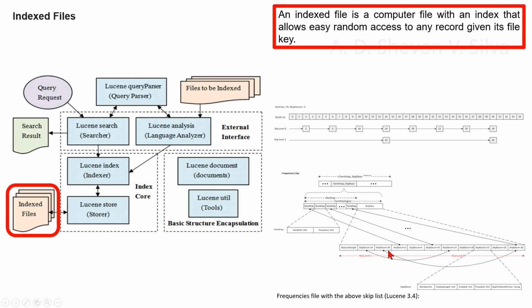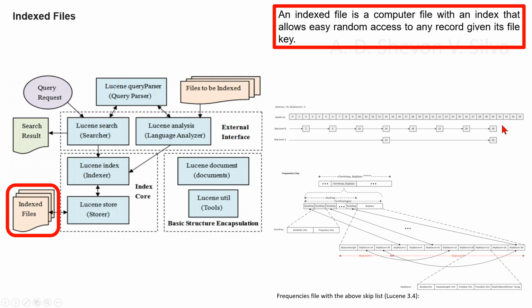Here mappings, and skip datum 2 here. And here skip level 1, and here skip level 2.